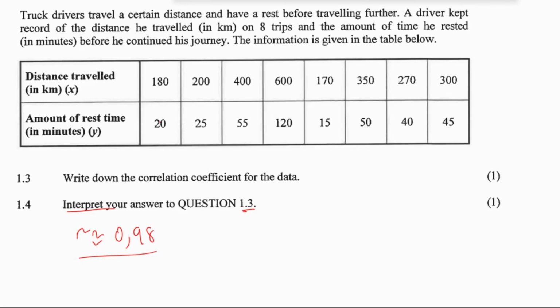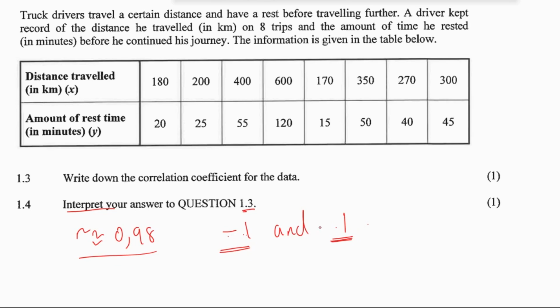It shows us how these two variables, x and y, are related. These are values without any units, which are between -1 and 1. If the value is closer to 1, it shows us that there's a strong positive correlation. If the value is closer to -1, it means it's a strong negative correlation.